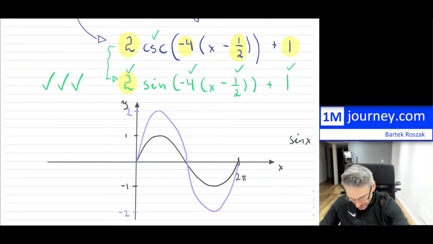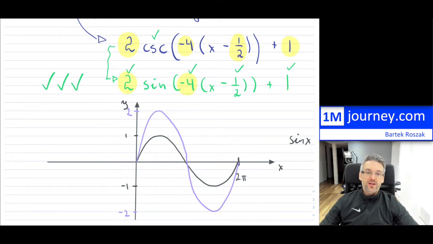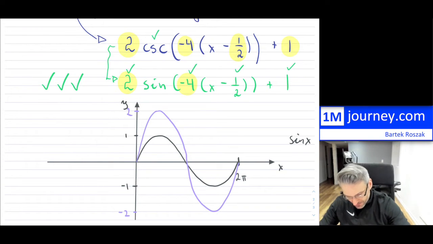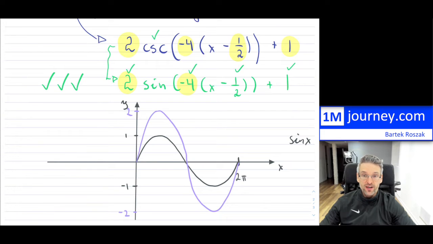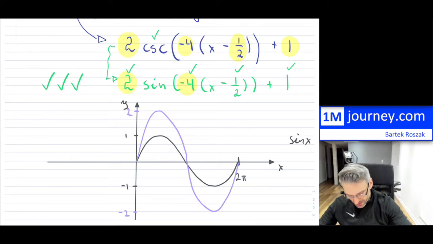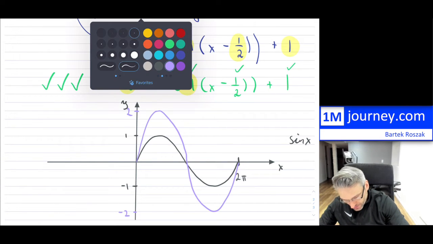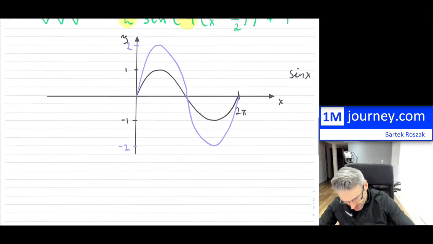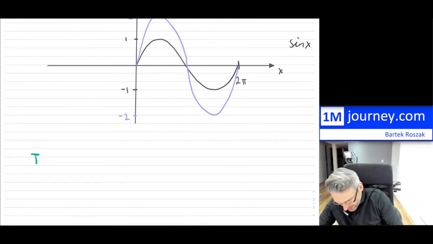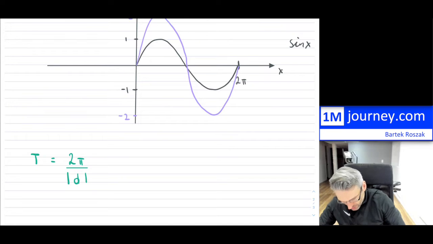Now, one by one, I'm going to take this -4. What does this mean? This means some kind of a compression or a stretch, right? In trigonometric functions, this relates back to how you can figure out what the period is. Please don't forget that your period T is equal to 2 pi divided by the absolute value of that d.